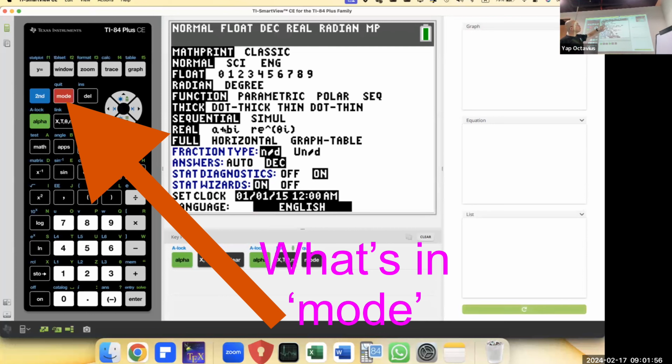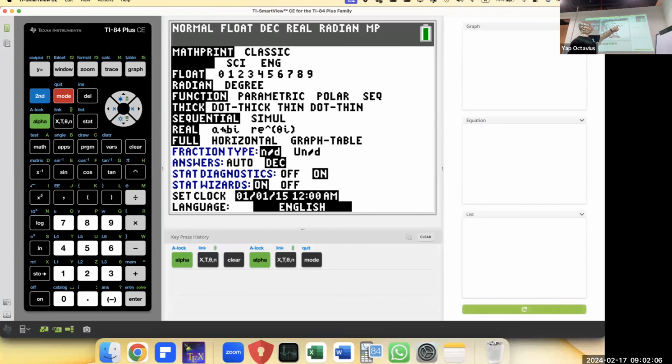Vectors, you need degree, but we work primarily in radian. Now, we also are in function mode. In your syllabus, you need parametric and sequence. Polar has been removed from the syllabus, so no need polar anymore. So we need function, parametric. Later part, we need sequence. The rest you don't need already. We are in real numbers until you reach complex numbers.